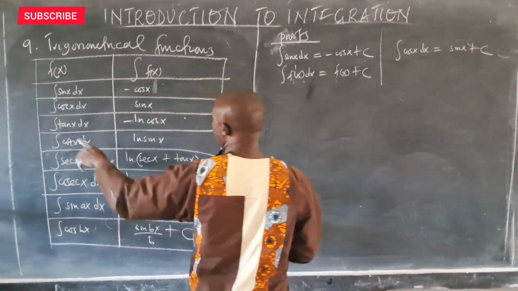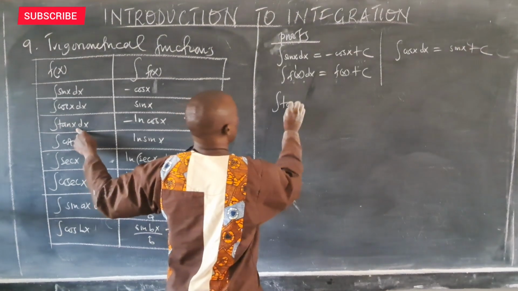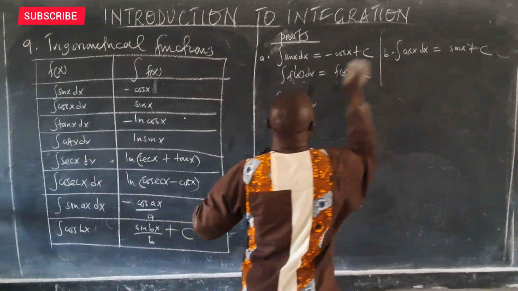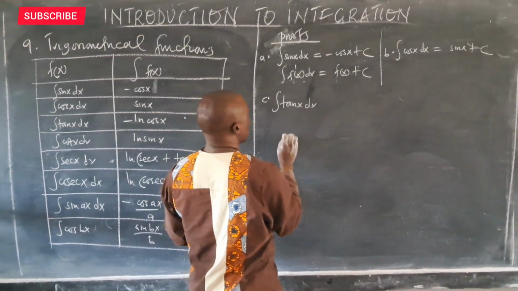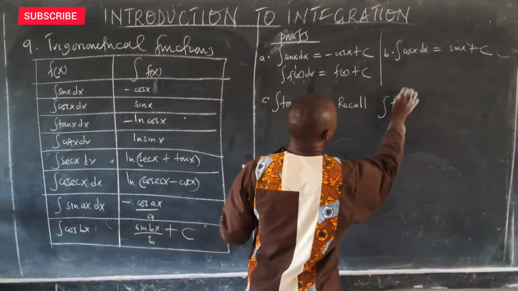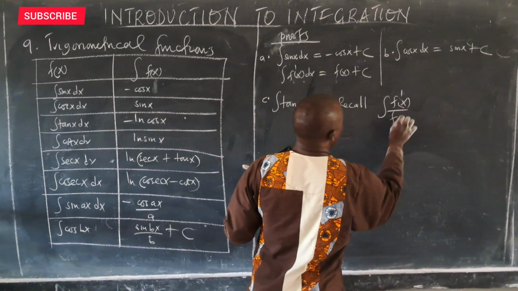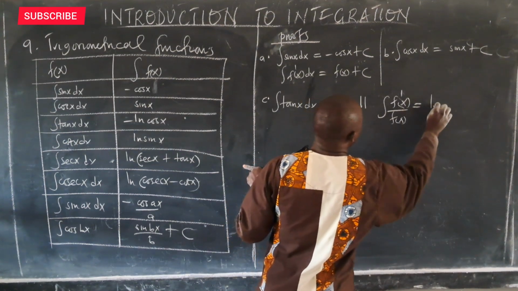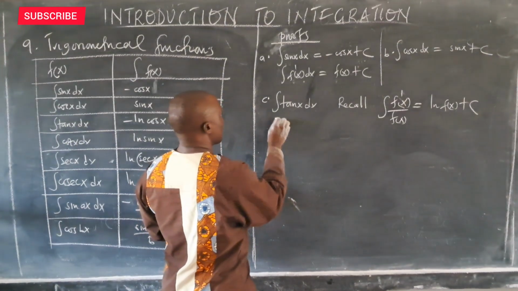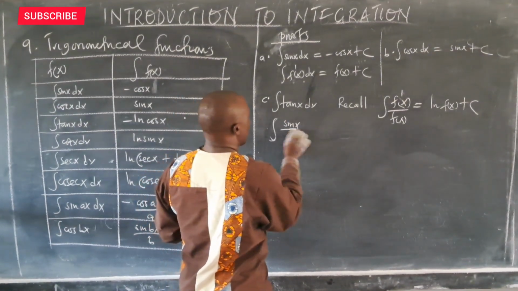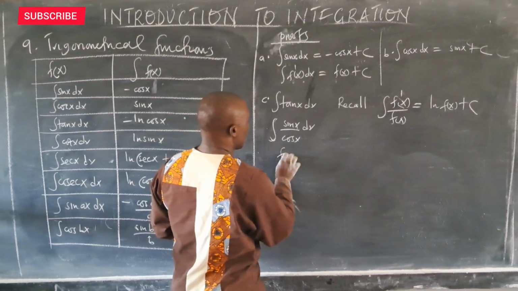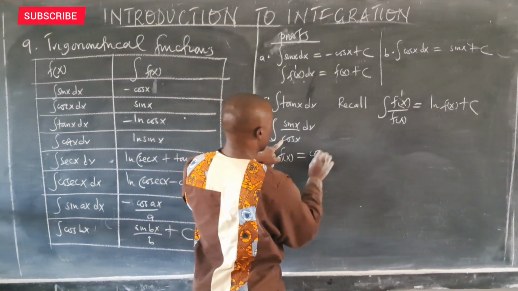So let's look at the integral of tan x dx here. So this is A, this is B, this is C. We are going to recall again that this integral of this out of this is actually going to give us ln f(x) plus C. So if tan is actually sine out of cos x dx, my denominator is cos x.